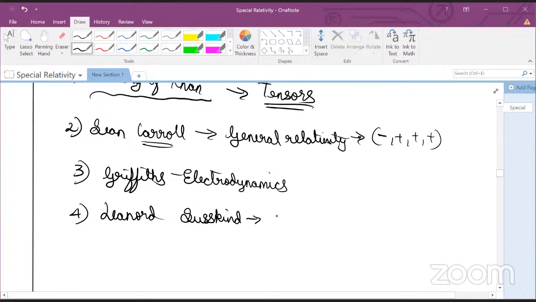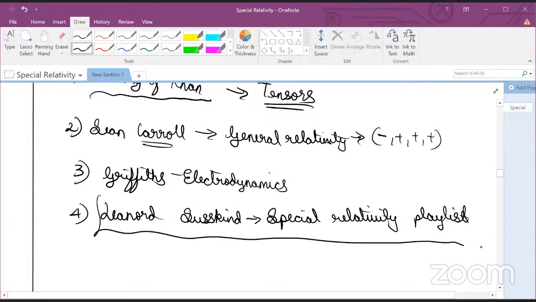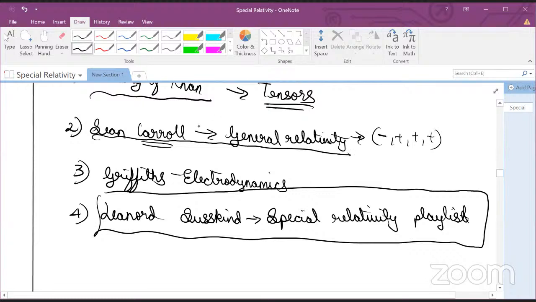Leonard Susskind's special relativity lecture series, along with Sean Carroll's book, these two I followed and got a good knowledge of relativity.